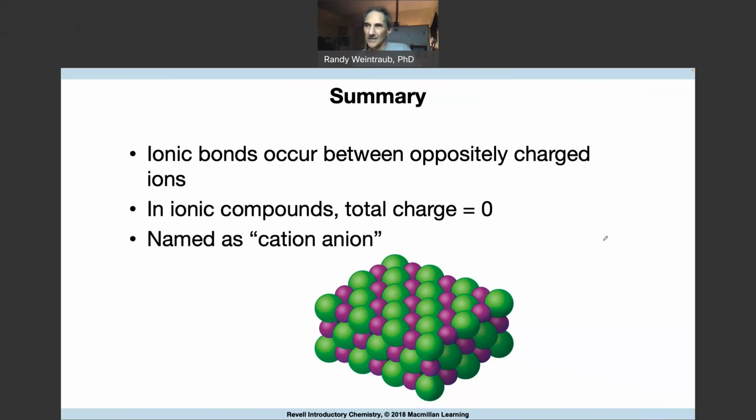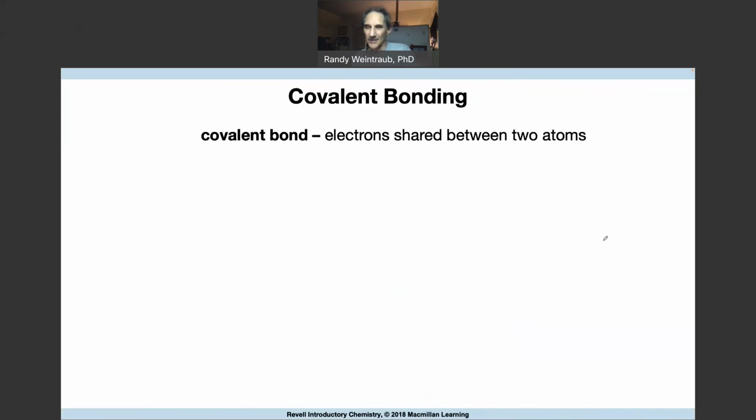And finally, cation and anion are the names for positive charged particles and negative charged particles, respectively. It's important to be able to name the compounds by their formula, and given the name, be able to write the formula unit.